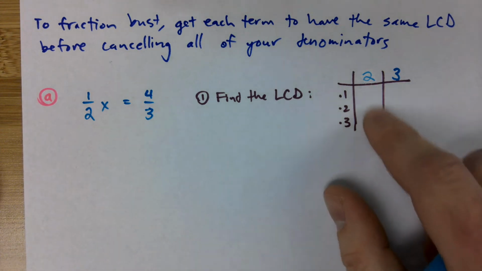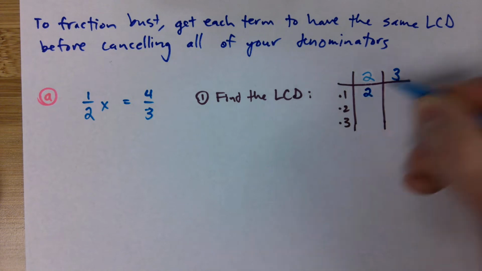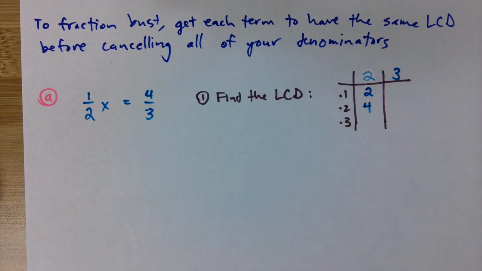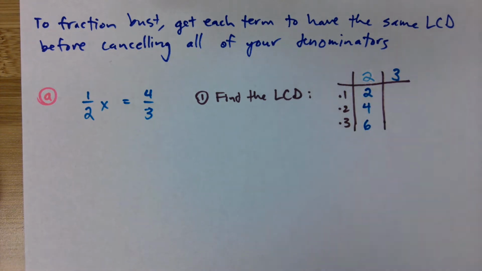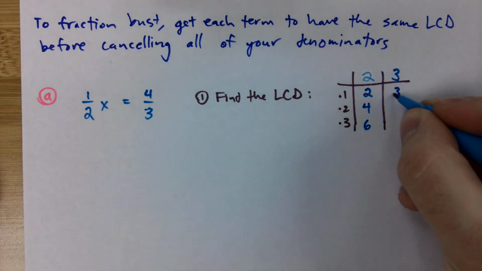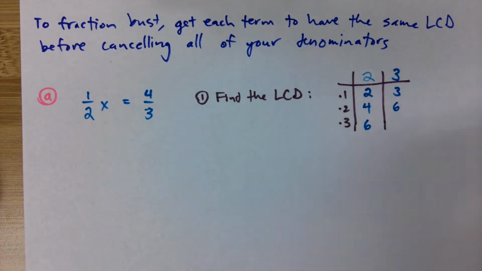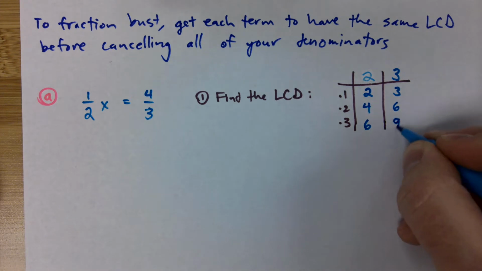What are the multiples here for 2 going to be? We'll start with 2. What's next? 4. And then our last one? 6. Thank you, Rashayla. What about our multiples of 3? 3 times 1 gives us 3. 3 times 2 gives us 6. And then what about 3 times 3? 9, right there.